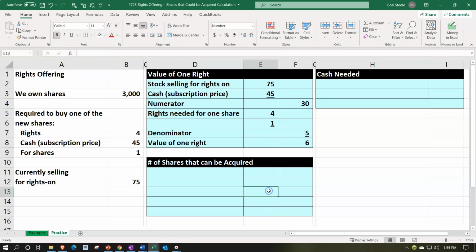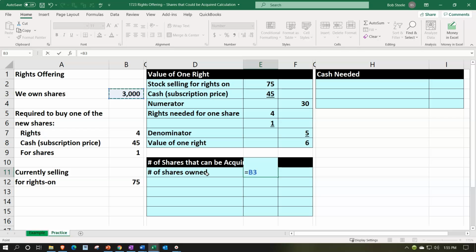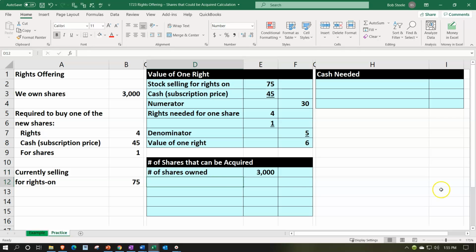Now, we own 3,000 shares. How many shares could we buy at the discounted price? The number of shares that we have is 3,000, and the rights per share is 1, meaning we're existing shareholders and they're giving us 1 right for each existing share.